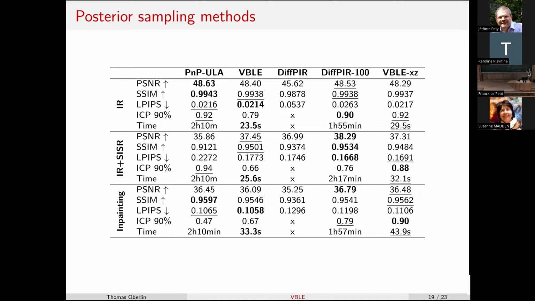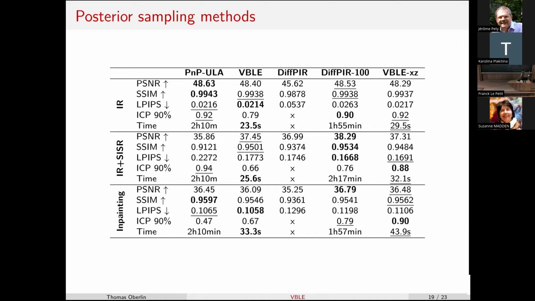Depending on the problems, I will take super resolution because it's a harder problem than just a deconvolution. For super resolution, in terms of image quality metrics, DiffPIR is the best one. But again, remember, it relies on a huge diffusion model, and its computation time is prohibitive.